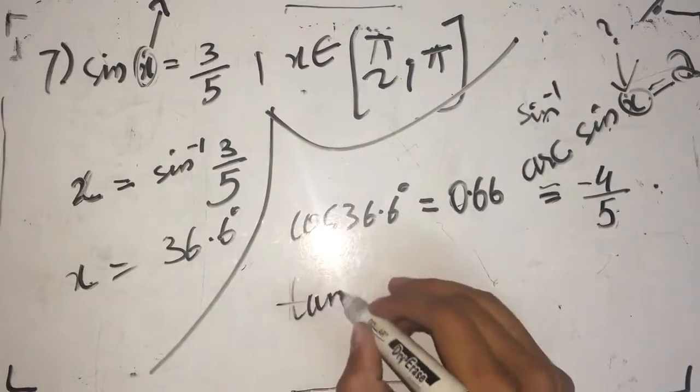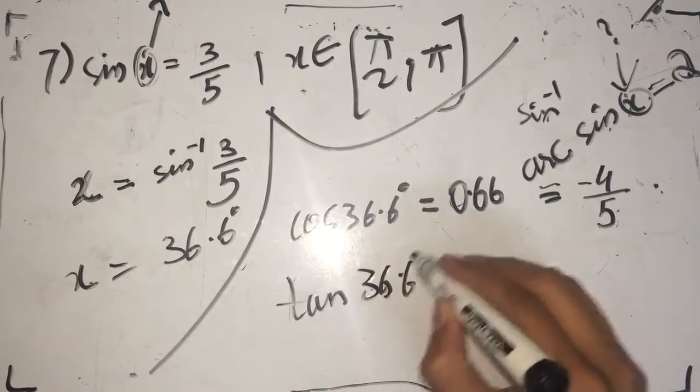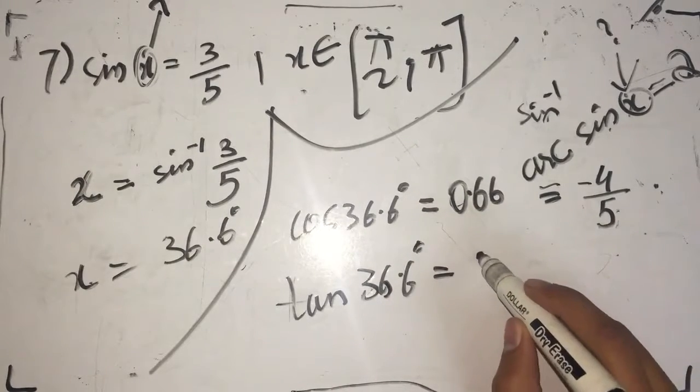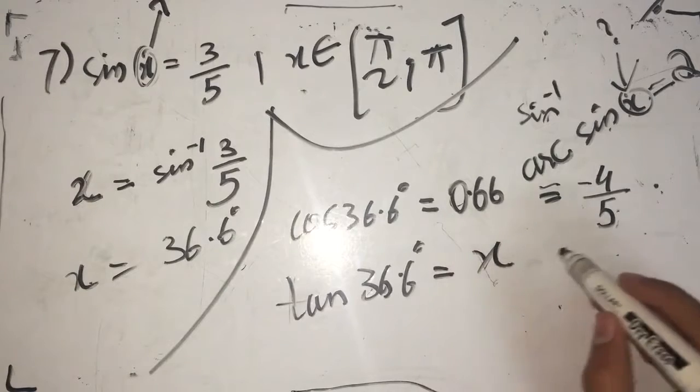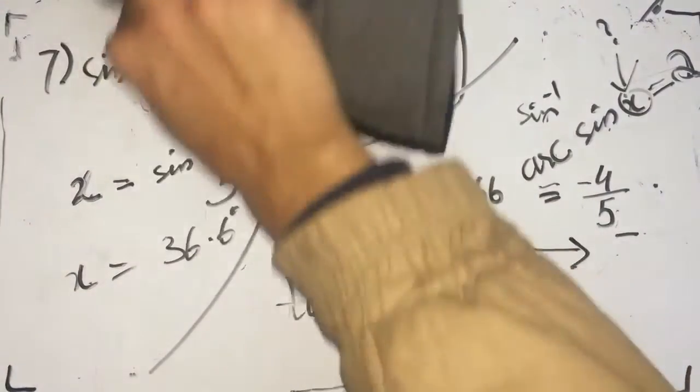And then you have tan of 36.6, and I'll have to calculate it, but this is going to be some value, and that is going to be your tan of x. So all of these questions are like this. So I hope you guys can do the rest.